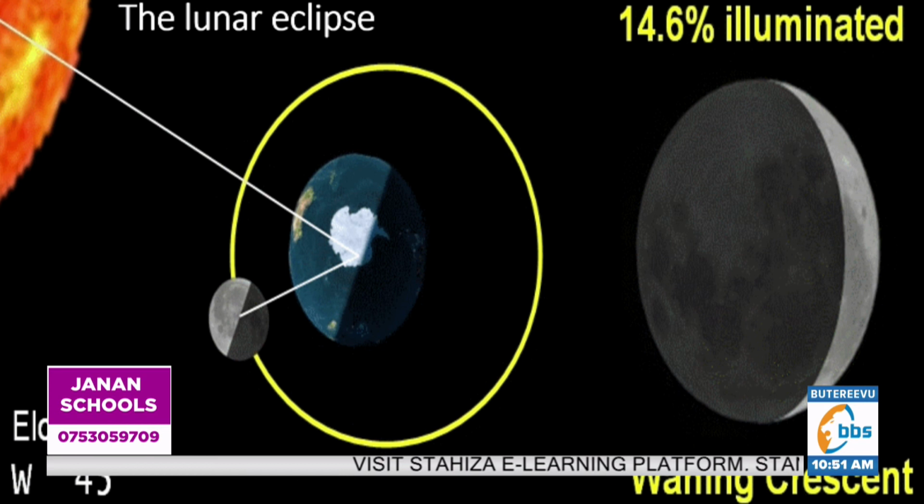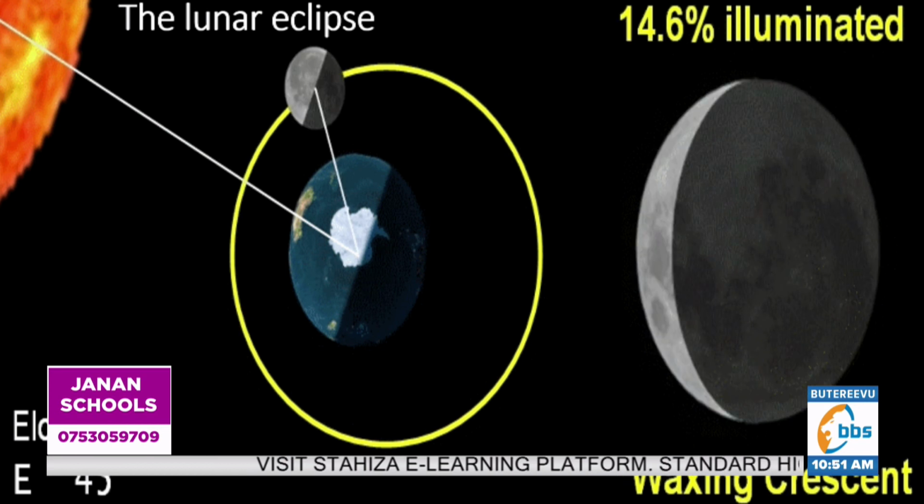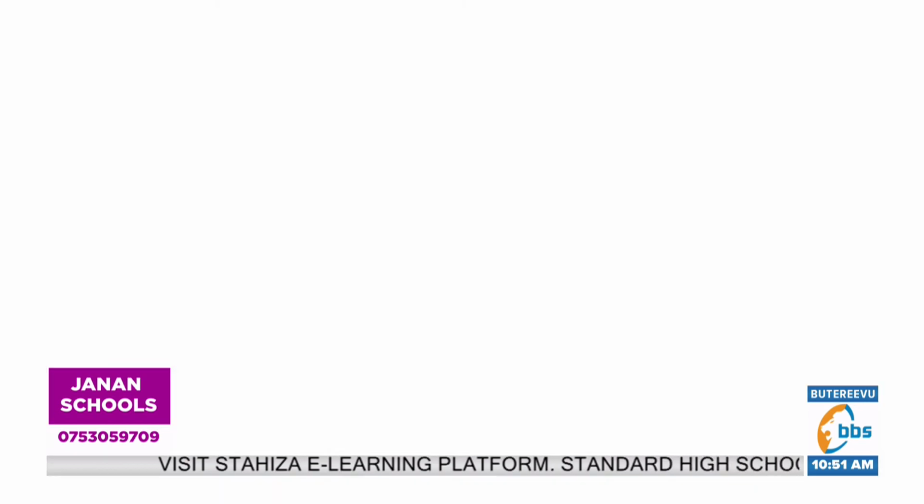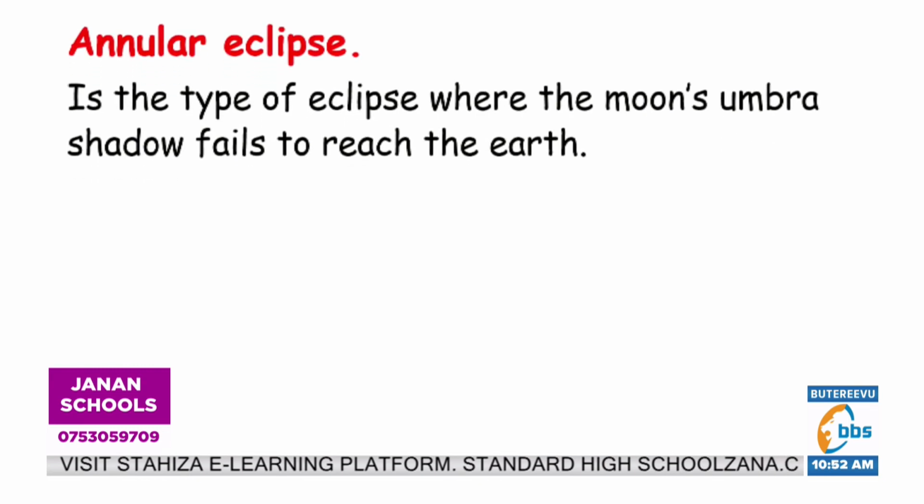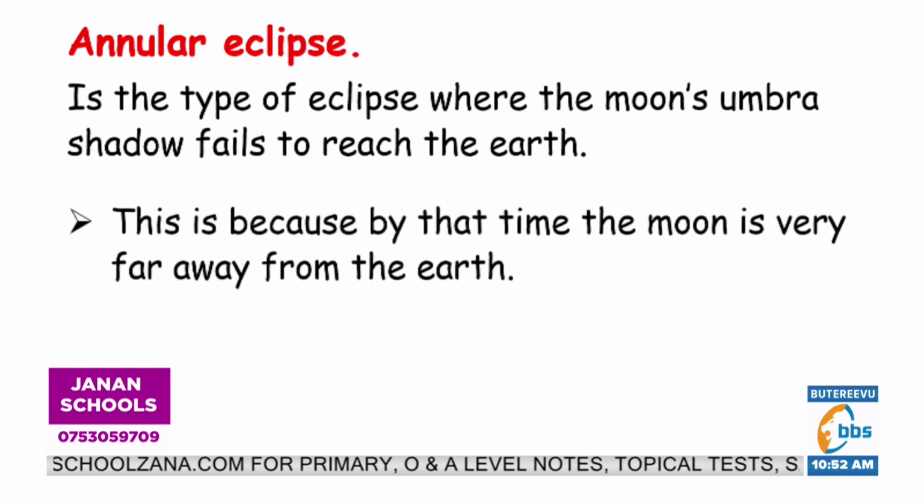Lastly, quickly, that is the annular eclipse. It's where the moon's umbra shadow fails to reach the earth. There are times when the moon's umbra shadow fails to reach the earth. That is what we call the annular eclipse. And this is because by that time the moon is very far away from the earth.